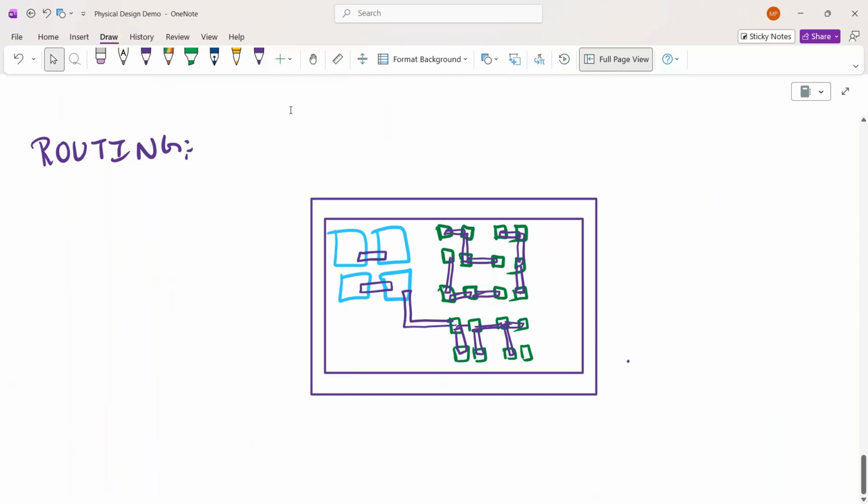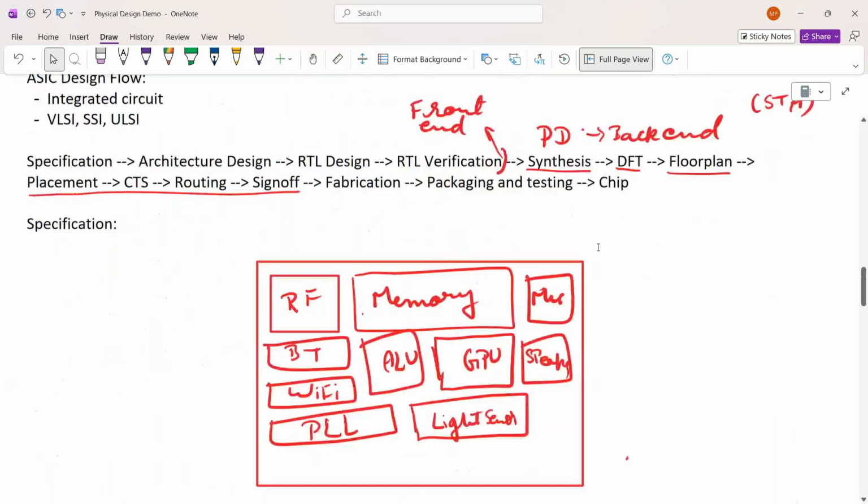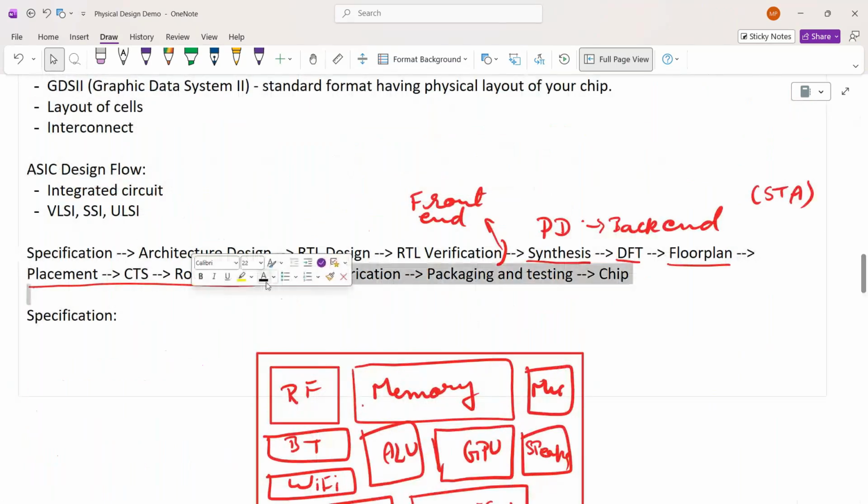You have to develop your own analysis skill as far as physical design is concerned. If it is an open or a short, what should I do, what fix should I give? Those methods we will develop. After routing, we come to signoff.